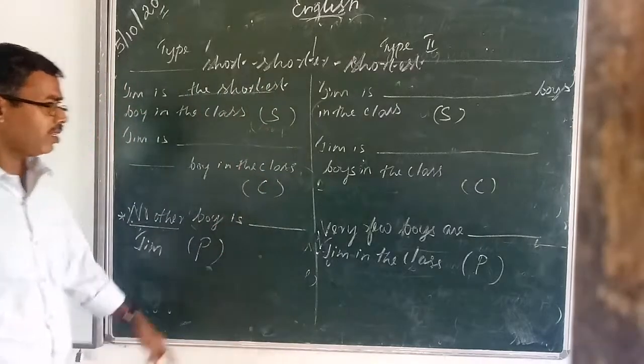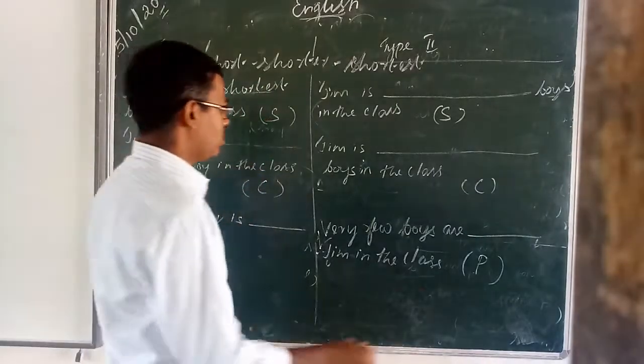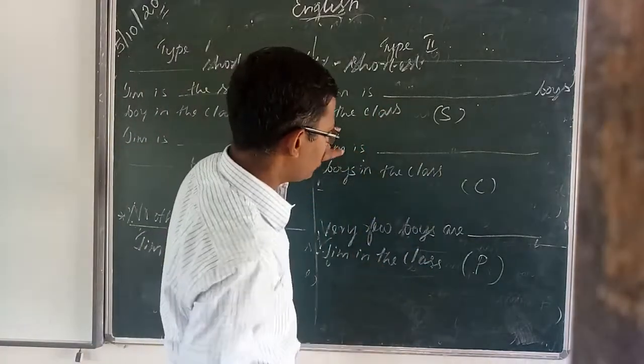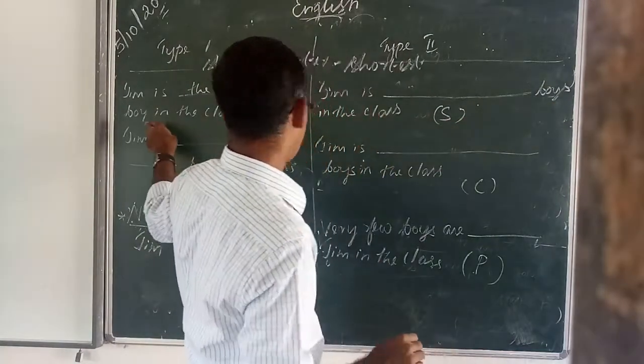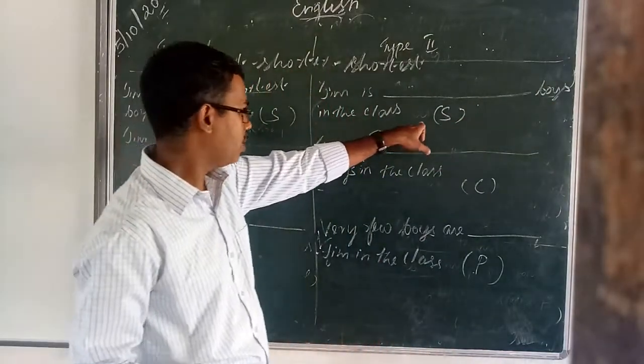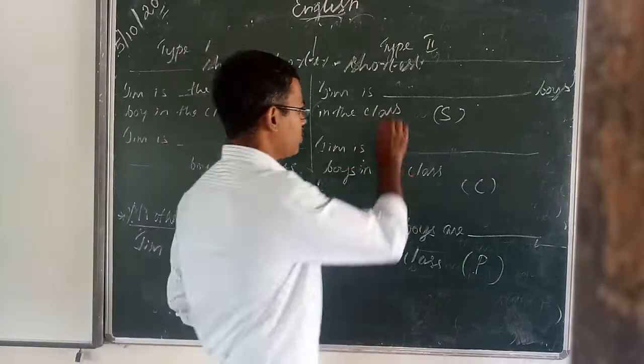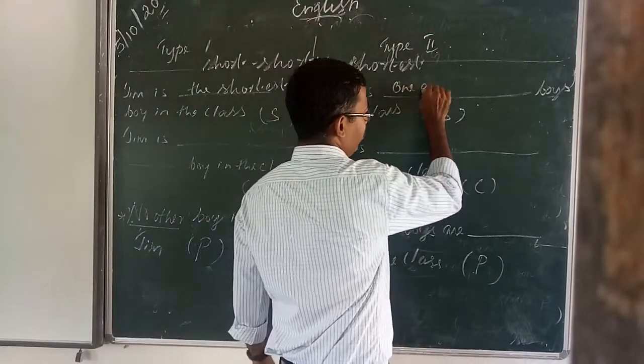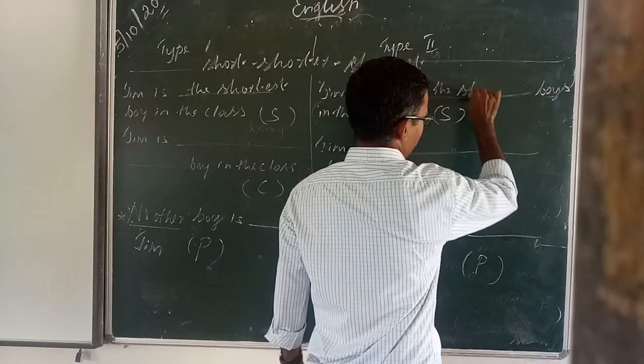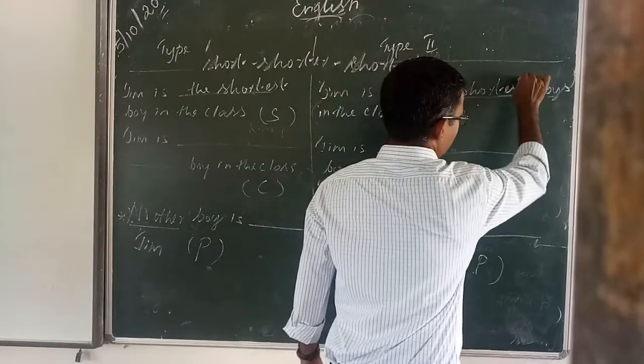That is the superlative degree. When I come to the second type, Jim is dash boys in the class. The difference is here the boy is given, here boys are given. That means boys are given, means you have to use one of the shortest.